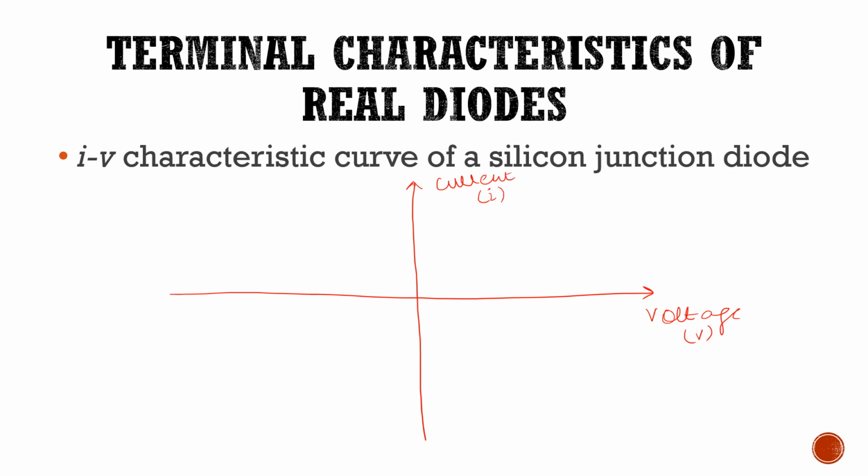This is 0. Now, this curve consists of three distinct regions. This is first region, this is second region, and this is third region.